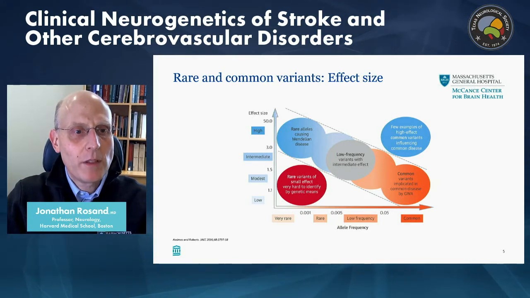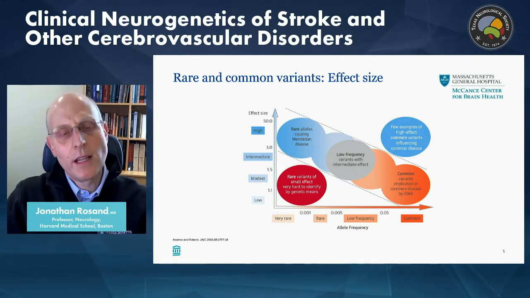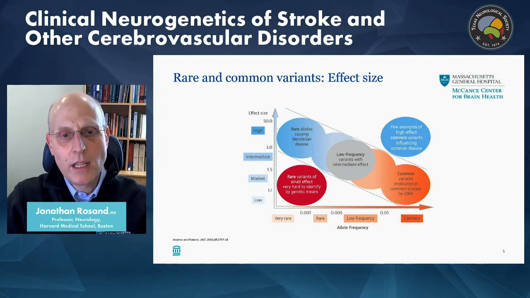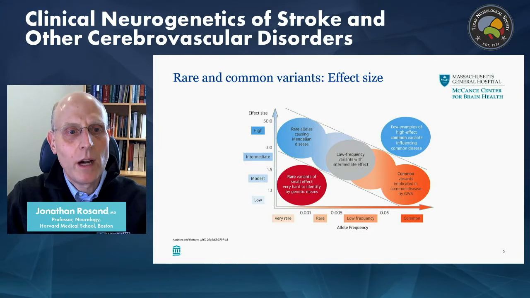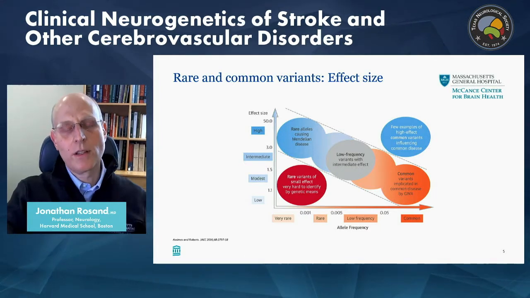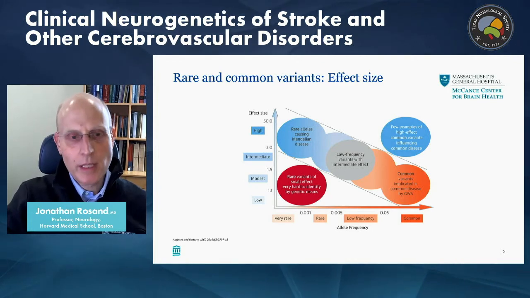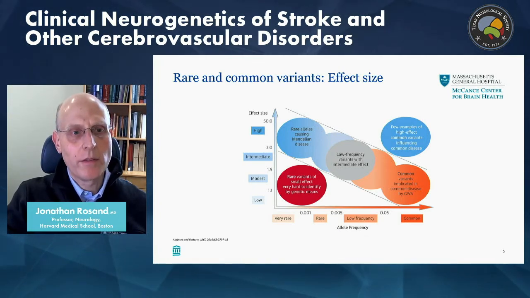And if they have an effect on a trait by, for example, increasing your risk of stroke or decreasing your risk of stroke, that effect size can be greater or lesser. And in general, the common variants have relatively small effects on a trait, while the rare variants that we identify as causing inherited, autosomal dominant or recessive traits, stroke syndromes, will obviously have a very strong effect size.